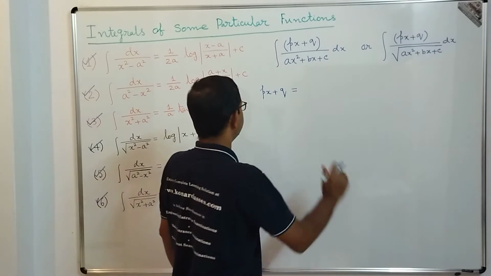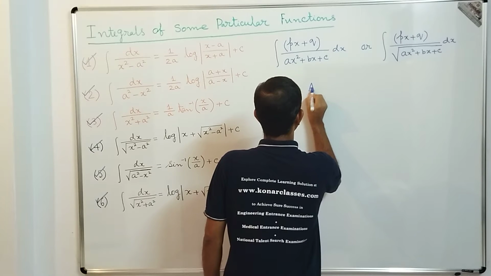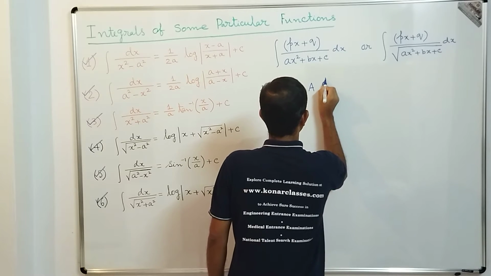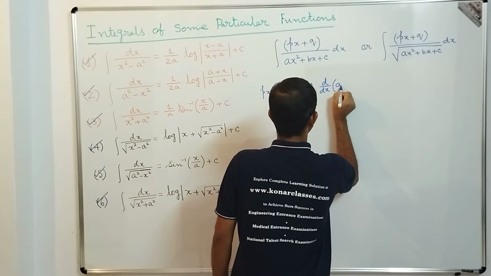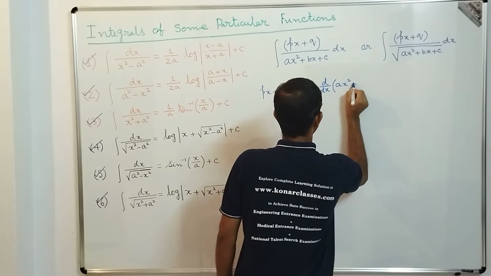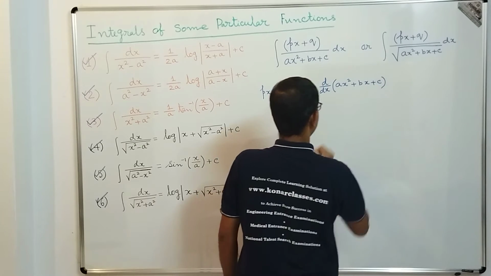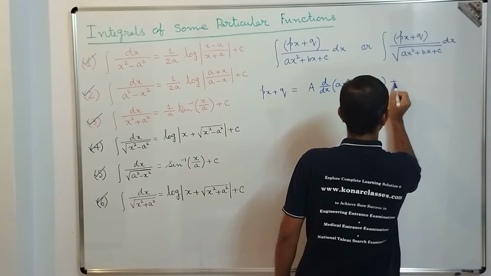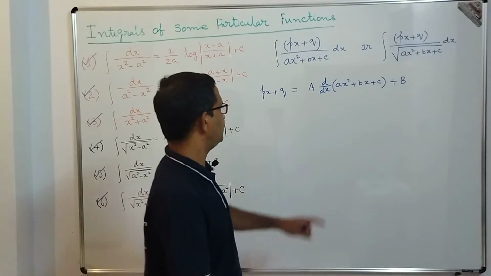So how we can write this is that we introduce a constant A times d/dx of the denominator, that is ax² + bx + c, plus another constant B. There are two points.